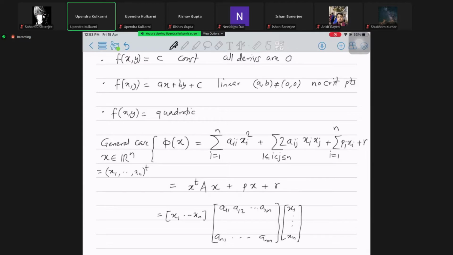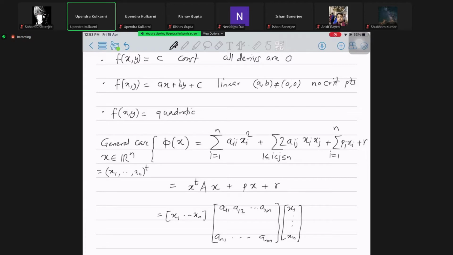Yeah, so you see the point is, the way I have defined it is not quite well defined, because only a12 is defined, a21 is not defined. But of course, I do this in such a way that a12 is the same as a21. And in that case, every term a_ij x_i x_j comes once, and a_ji x_j x_i comes once.